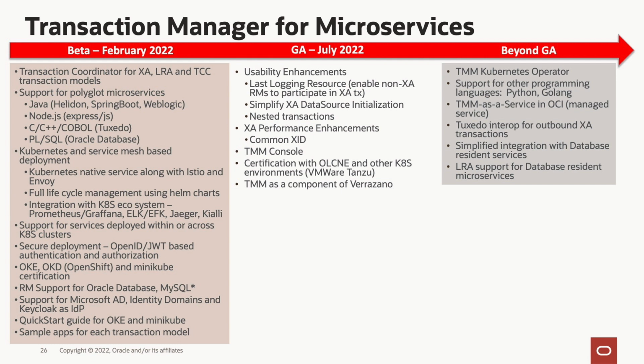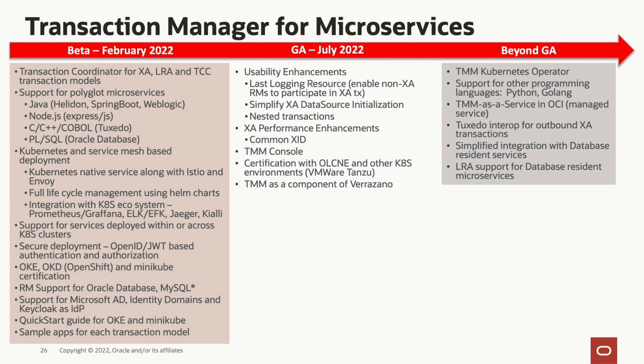So we have already started working on a Kubernetes operator for TMM, and then support for other programming languages like Python and Golang. Then provide TMM as a service in OCI. So this is going to be a managed service in Oracle Cloud. For Tuxedo, we support interoperability for inbound.